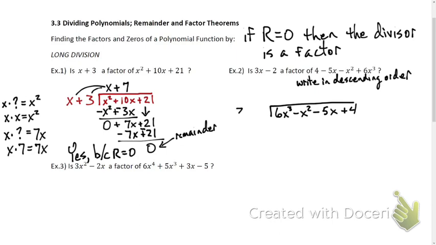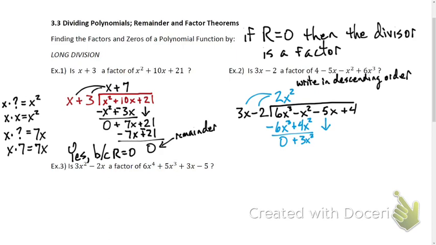And I'm dividing by 3x minus 2. All right, 3x times something gives me 6x cubed, and that's 2x squared. I distribute these two, and I get 6x cubed minus 4x squared. Flip the signs, and I get 0. That's a sign I did it right, plus 3x squared.